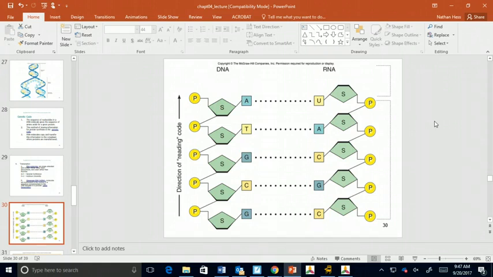The G's and the C's still stay the same. But again, an A for the DNA pairs with a U in the RNA. That's one of those clear differences that people always like to test you over. What's the difference between RNA and DNA? DNA has the T's, RNA has the U's.